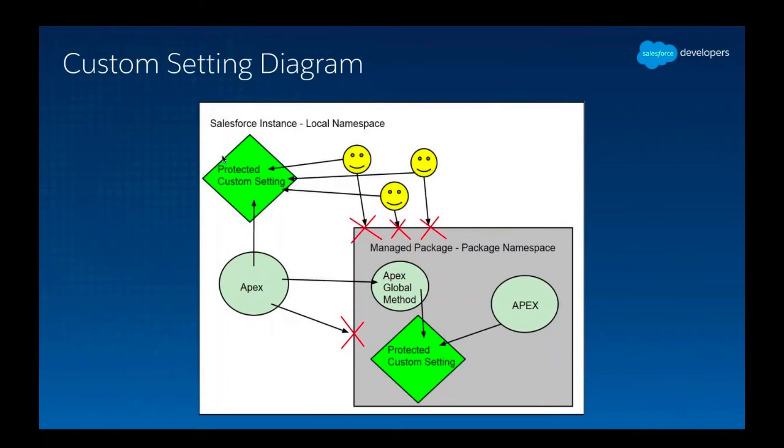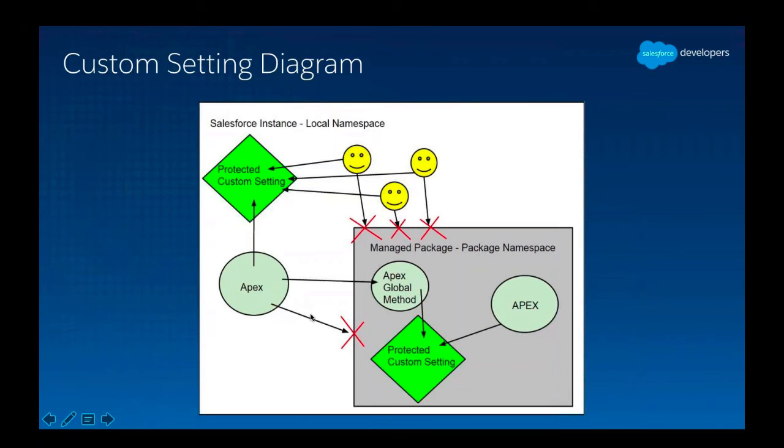If you see, the outer rectangle is our org in which you are working, in which you are writing the code. That is an outer rectangle. And if you write a protected custom setting in an outer org, that will be available to all the users of that particular org, okay, which is not a good design. So what you need to do is you need to install a managed package here. I'm showing it here, which is an inner rectangle. And in that managed package, you need to store the protected custom settings as shown here. Now, no user of your org will have access to that protected custom setting, okay?